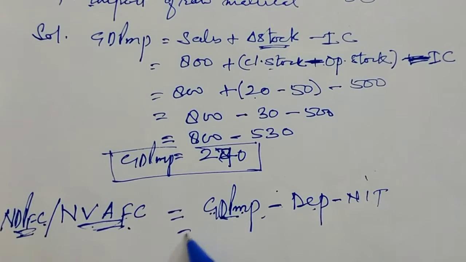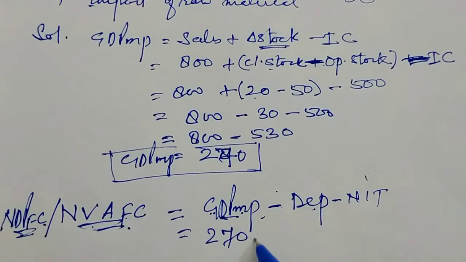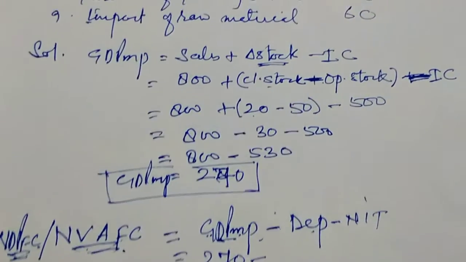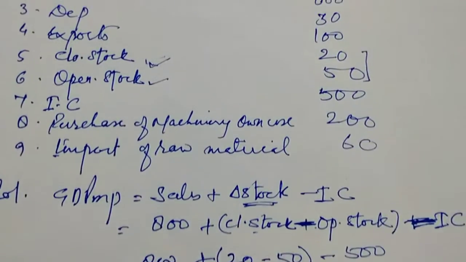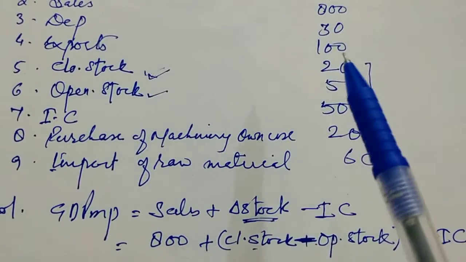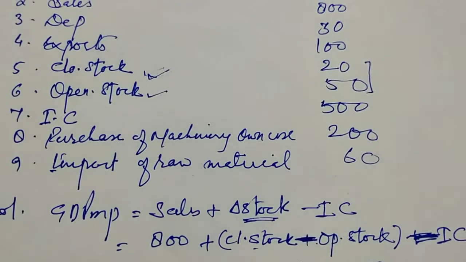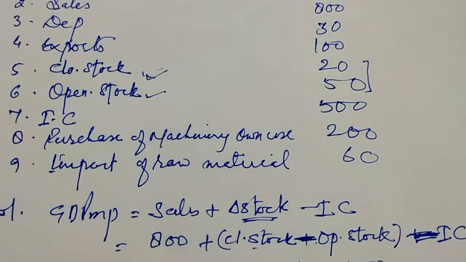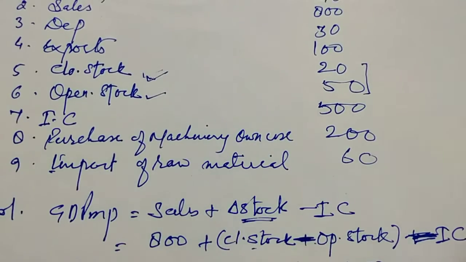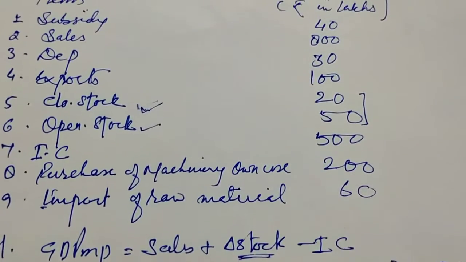So the amount of GDP at MP is 270, minus depreciation, how much was given? The amount given is 30. And NIT means IT minus subsidies.